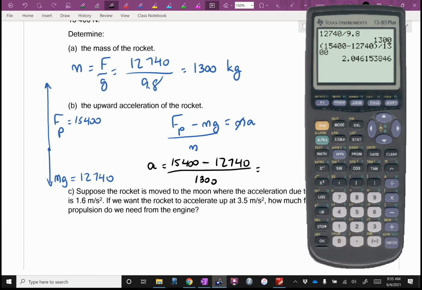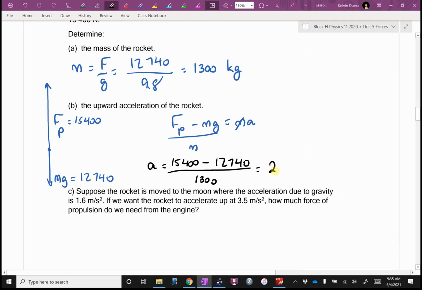Do y'all get 2.05? Again, I hope you're trying these on your calculator. It does me no good if you don't know how to type these in.